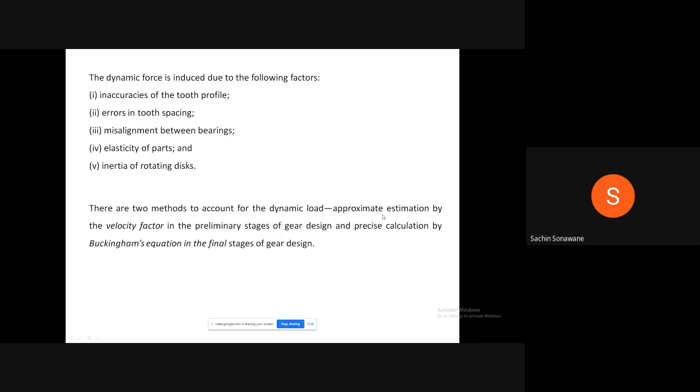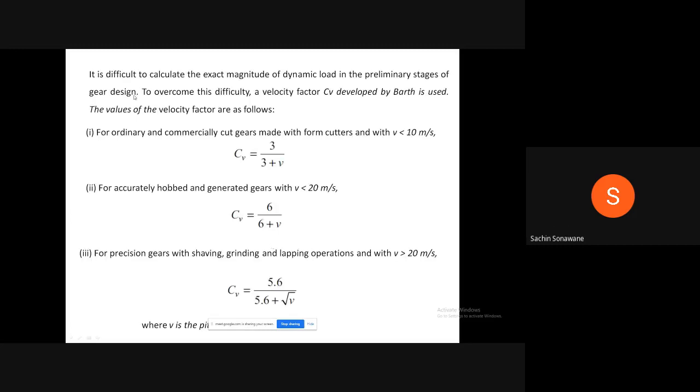First, approximate estimation by the velocity factor in the preliminary stages of gear design, and second, precise or exact calculation by Buckingham's equation in the final stages of gear design. Therefore, it is difficult to calculate the exact magnitude of dynamic load in the preliminary stages of gear design.